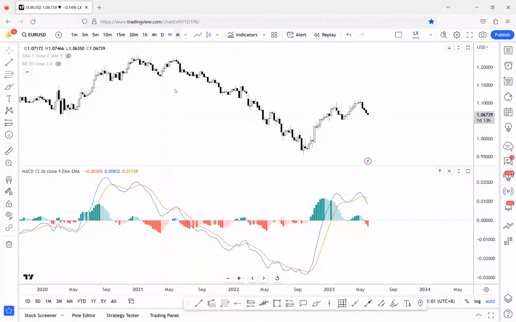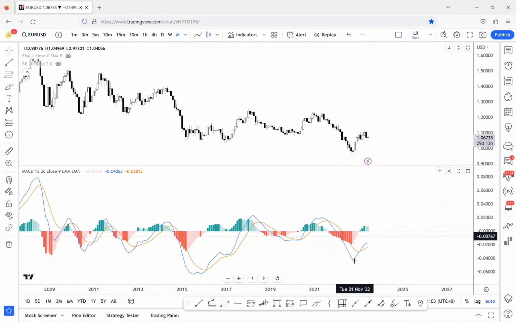If you're on the monthly time frame, MACD is below 0. So you can see that we are seeing a bullish crossover here on the monthly time frame, where the MACD line crosses above the signal line and it's still below 0.